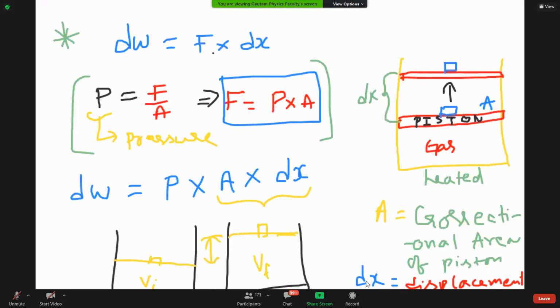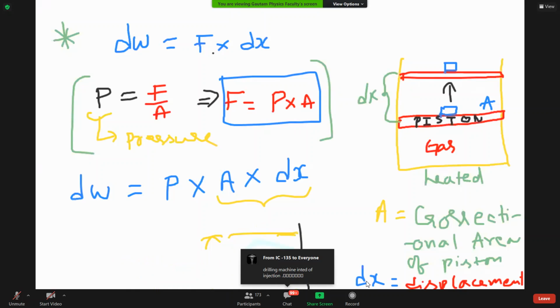This middle part is called the change in volume, V final minus V initial. From here is the initial volume, till here is the final volume. Only this part is the change in volume. So I can call it delta V.